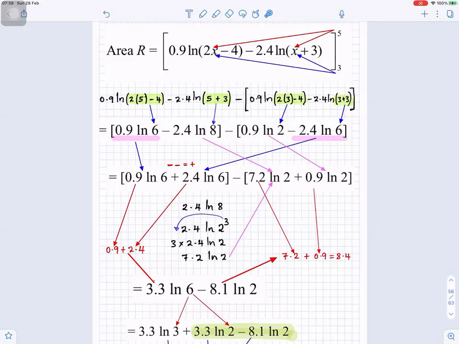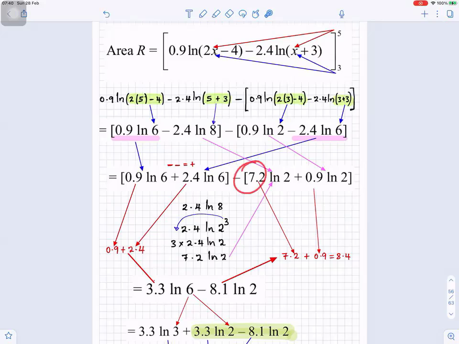So you will get 0.9 ln 6, minus 0.9 ln 2, minus 2.4 ln 8. You put them together. 0.9 plus 2.4 will give you 3.3.